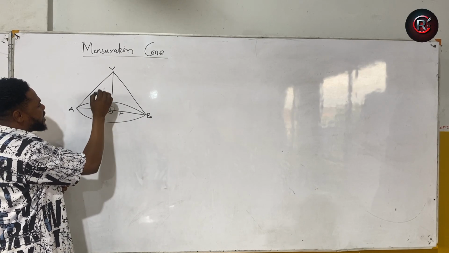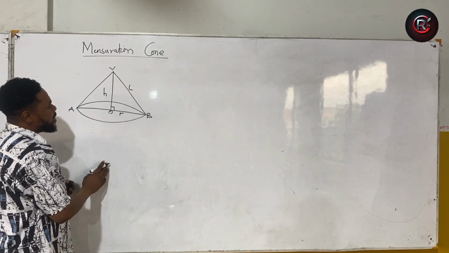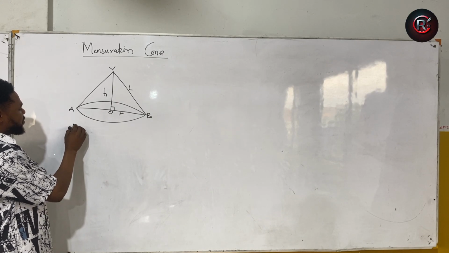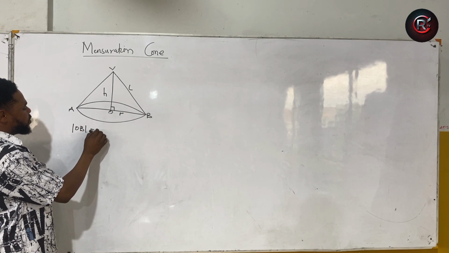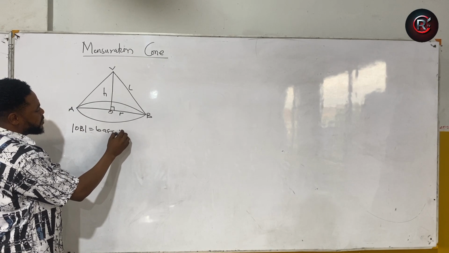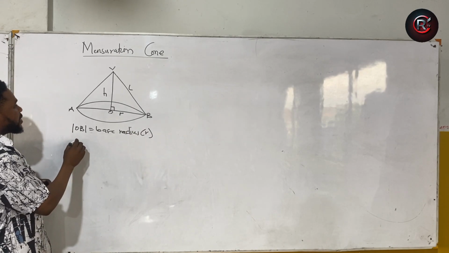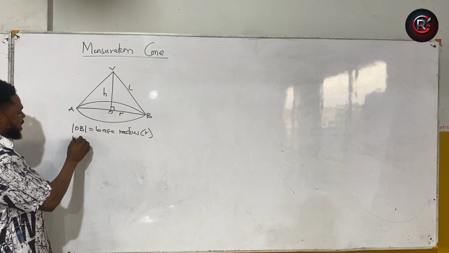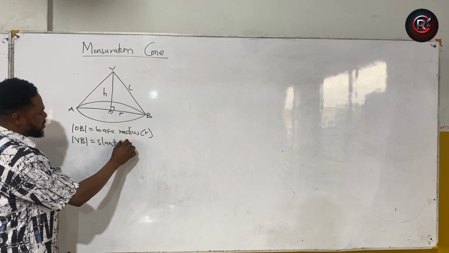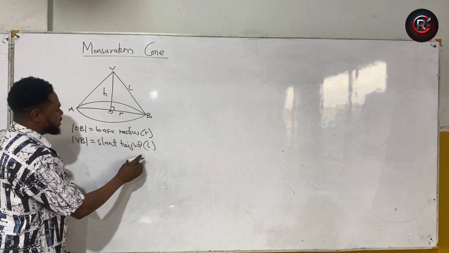VO becomes the height of the cone. And VB becomes the slant height of the cone. Therefore, we can conclude by saying that OB is equal to the base radius of the cone, and our VB becomes the slant height of the cone, which is represented by L, small l.